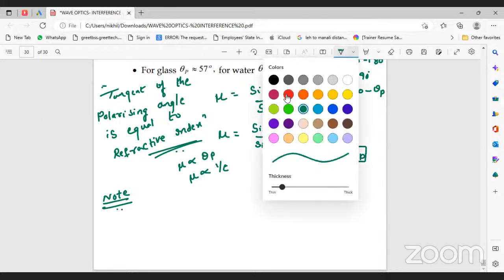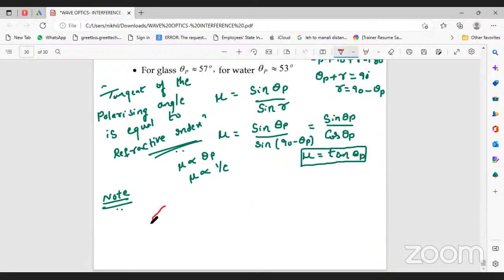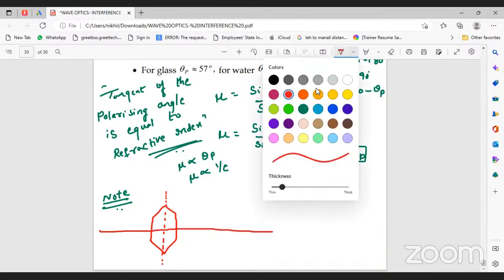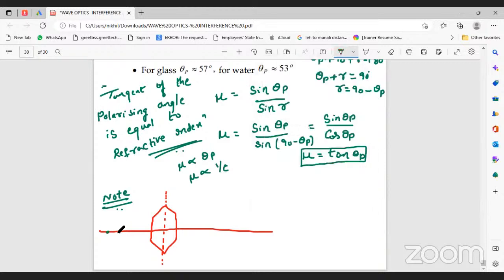I'll draw one more diagram for you. This is one polarizer. In this, I will write unpolarized light.